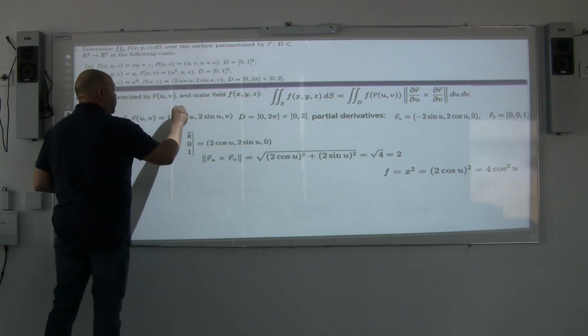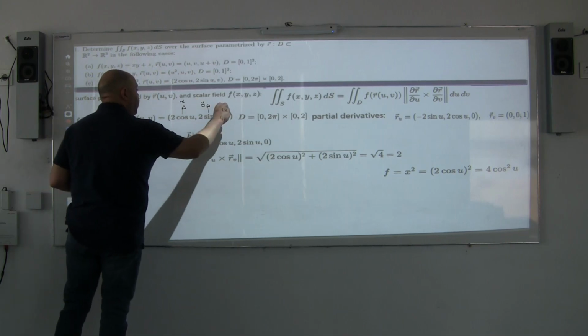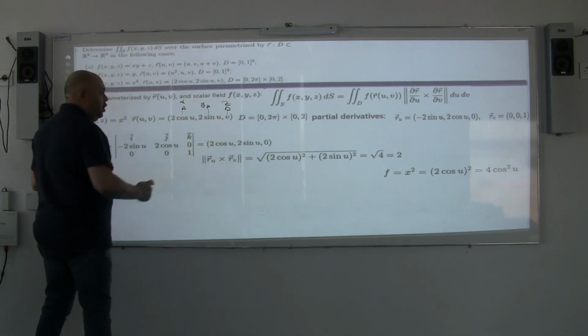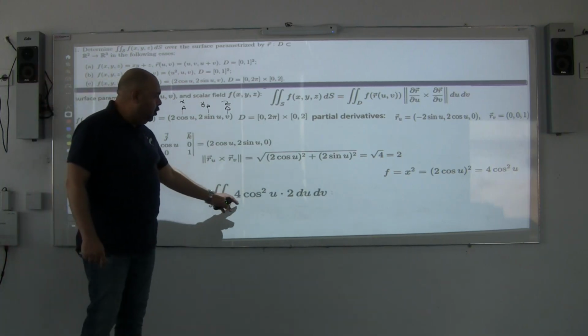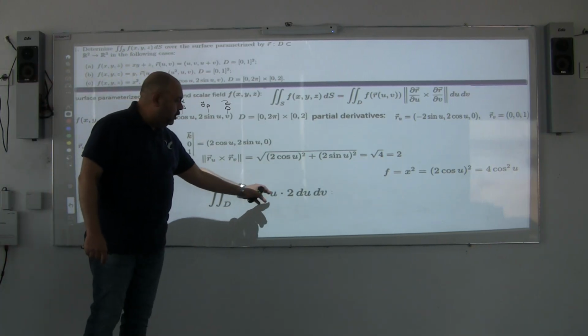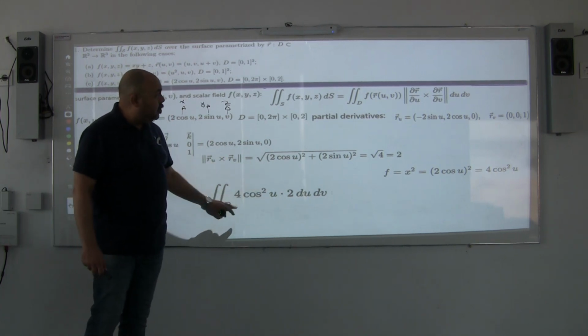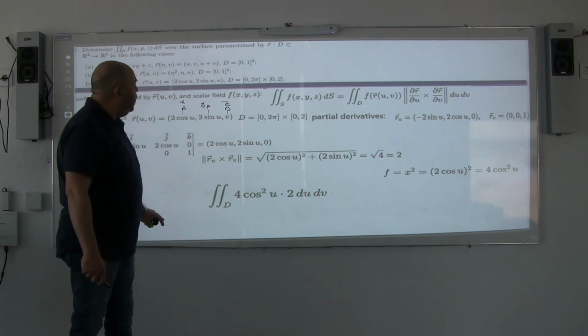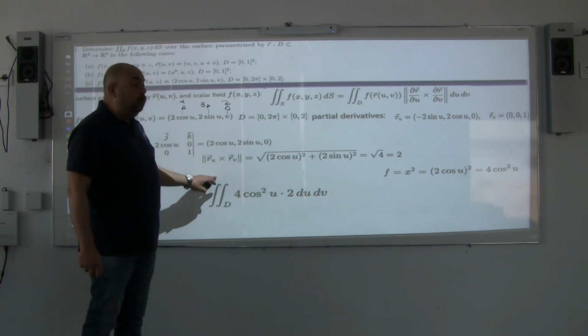As I told you, this component is x, that component is y, and this component is z. Just to make the substitution, I will have 4 cosine squared u times 2 du dv. And the domain is given in the direction of u. It will be running from 0 to 2 pi, in the direction of v from 0 to 2, as you can see.